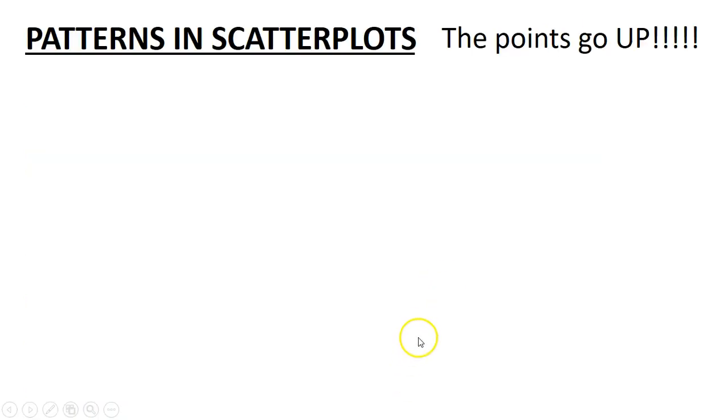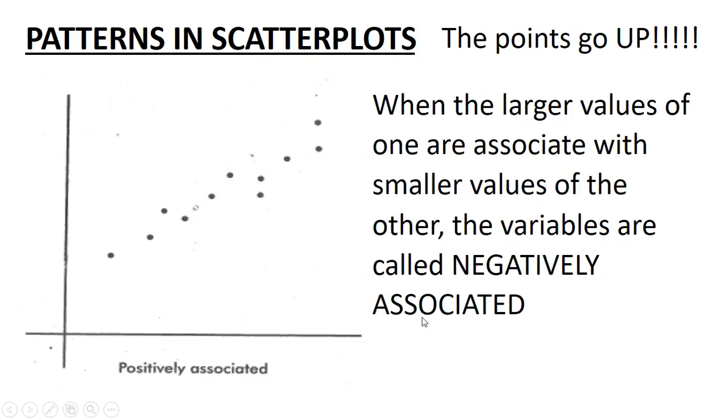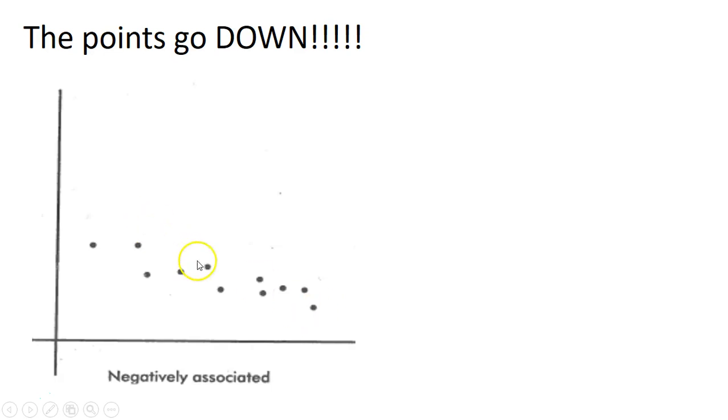A positive association. Basically, the points go up. That seems pretty obvious. When the larger values of one are associated with smaller values of another, then it's negative, right? Here, up, and then it starts going down. So larger values, but it's going down, then it is negatively associated, or the points are going down, right?